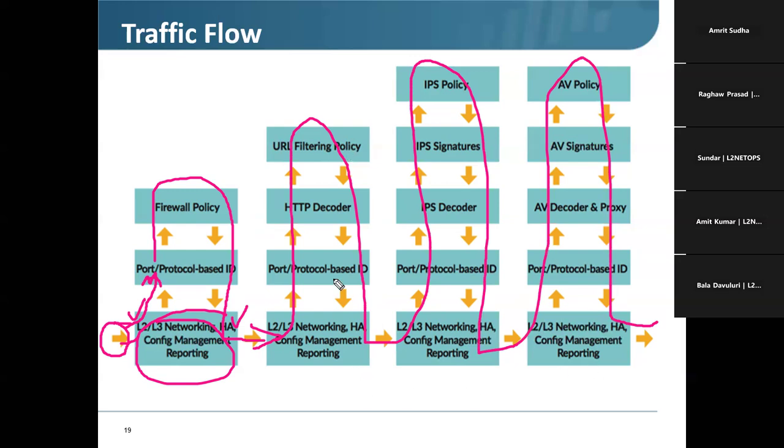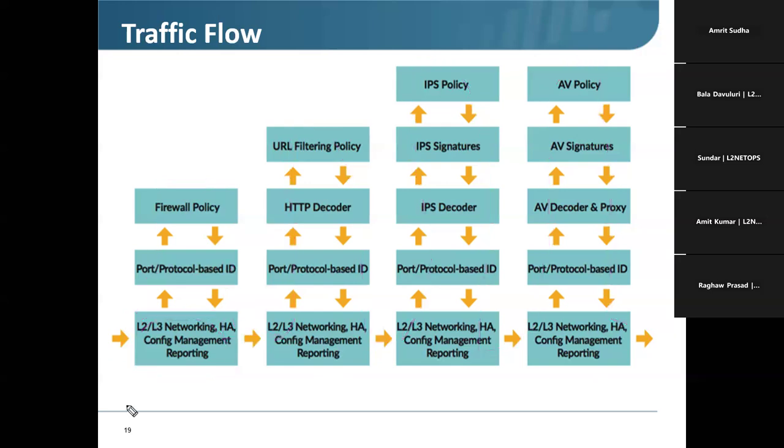Sushil, I have a doubt. Once the packet has hit the ingress interface, it has already done the L3 networking check, right? Then why is it checking the L3 networking and HA configuration again in the second stage?